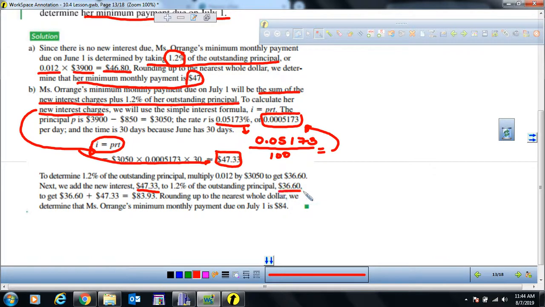That's what you see here. And that gives you a total of $83.93. Rounding up to the nearest whole dollar, we determine that Ms. Orange's minimum monthly payment due on July 1st is going to be $84.